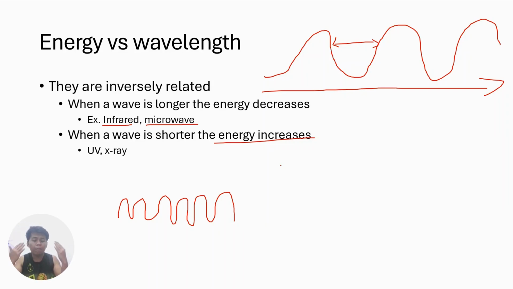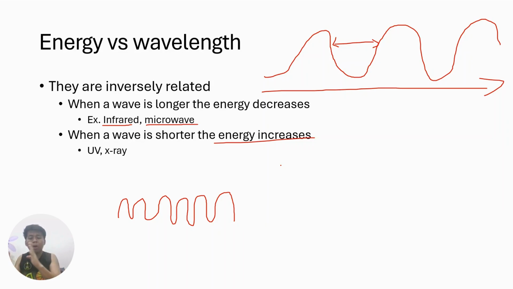Take note, to make it easier to understand: the relation of wavelength and energy is inversely related, because as the wavelength increases, the energy decreases. But when the wavelength is shorter, the energy increases. Inversely related.